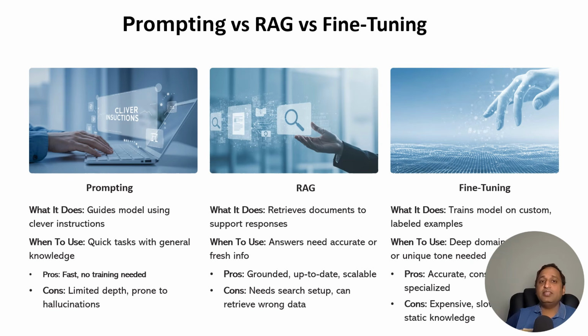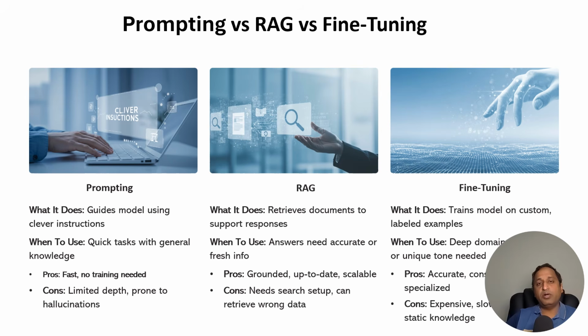The next one is RAG, which is retrieval augmented generation. The model doesn't just generate answers from what it knows, it first retrieves documents from a search system and uses them as context.